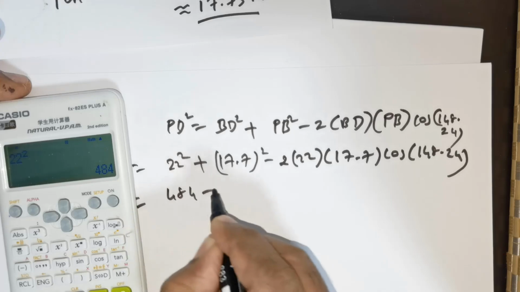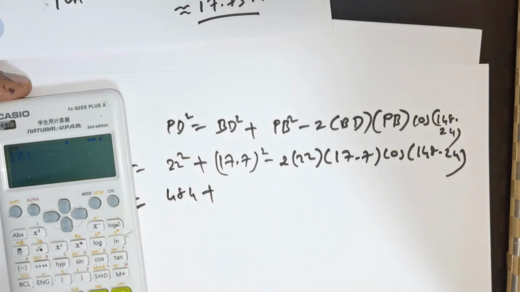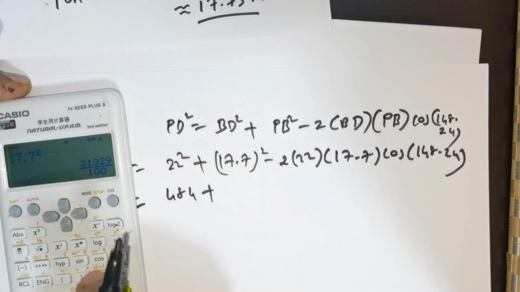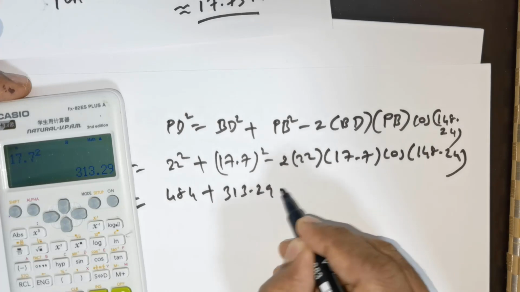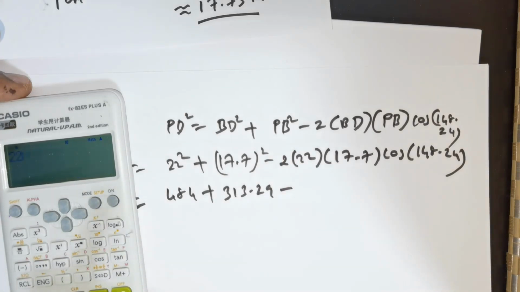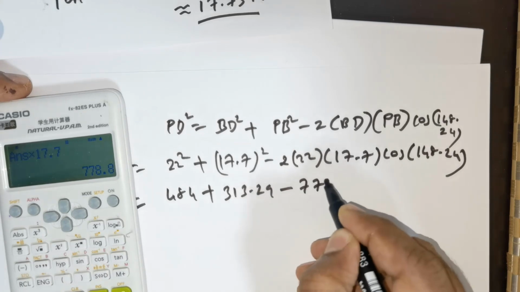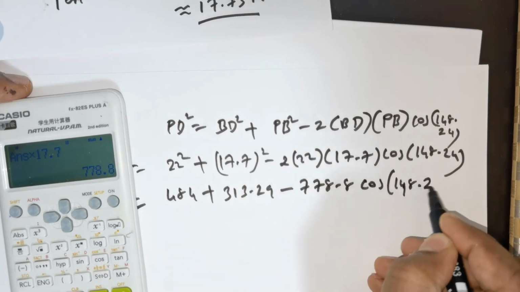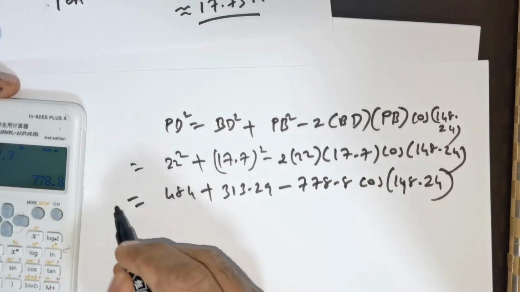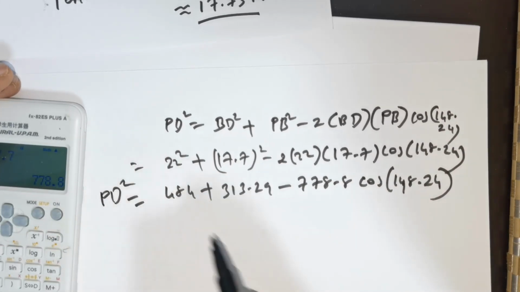So 22 squared is 484 plus 17.7 squared, that is 313.29. So this is going to be 22 times 2 multiplied with 17.7, so that is 778.8 times cos of 148.24. So PD squared is required.